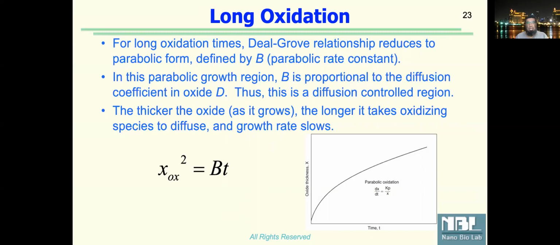For longer oxidation, the thicker the oxide, the longer it takes for the oxygen to diffuse through and reach the interface. So hence the overall oxidation growth decreases. So in a real oxidation, there are two regimes. One is a linear regime and then there is a parabolic regime. So initial oxidation is faster, but then the oxidation rate goes down.